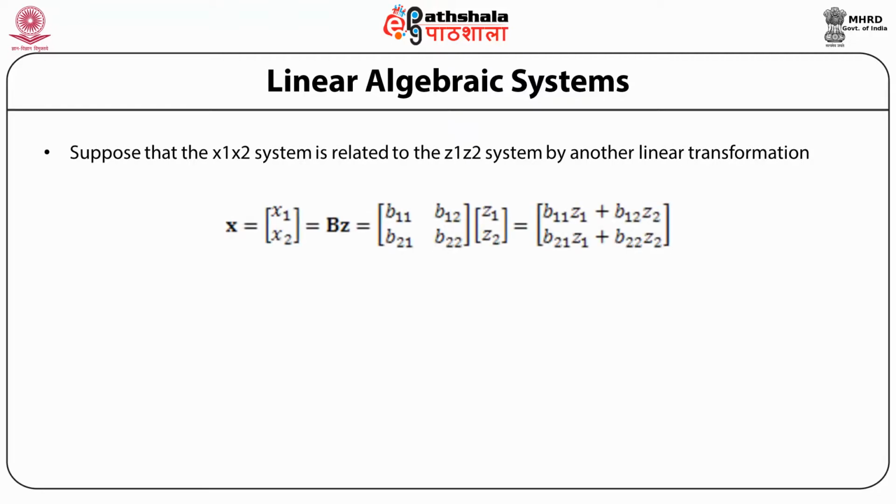That is, x is equal to x1 x2, which equals B times z and is equal to a 2 cross 2 matrix B with the first row being b11 b12 and the second row being b21 b22, into the column matrix with the first element being z1 and the second element being z2, which equals again a column matrix with the first element being b11 z1 plus b12 z2 and the second element being b21 z1 plus b22 z2.